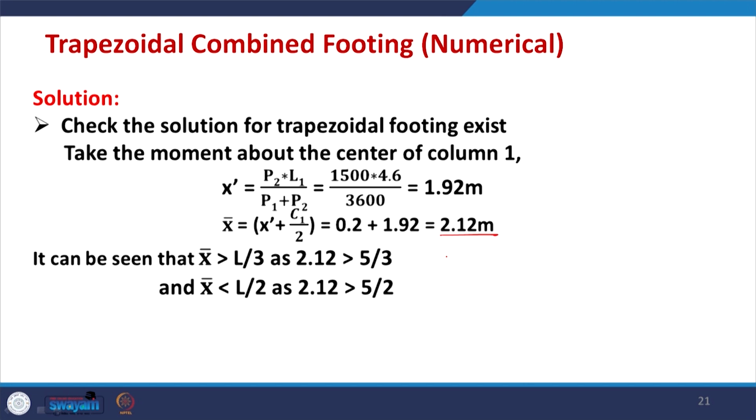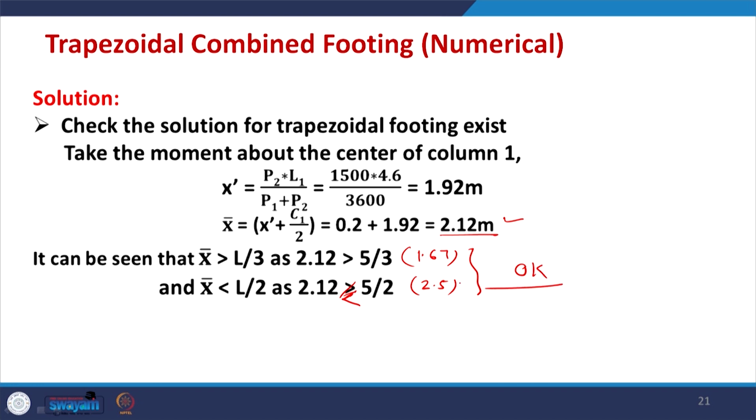So, x bar should be greater than L by 3, and it should be less than L by 2. x bar is 2.12, this has been found, and this is greater than 5 by 3, which is 1.67, while it should be less than 5 by 2, which is 2.5. So both are satisfied, okay. That means the trapezoidal solution is possible.